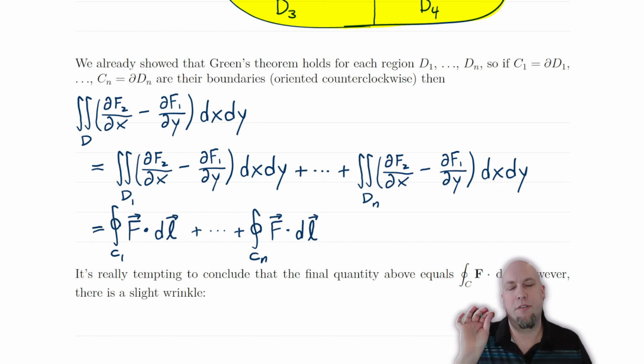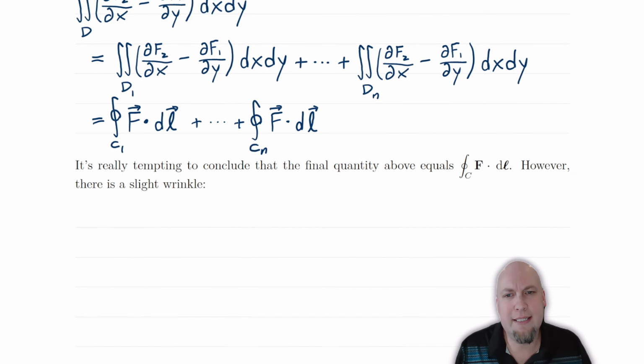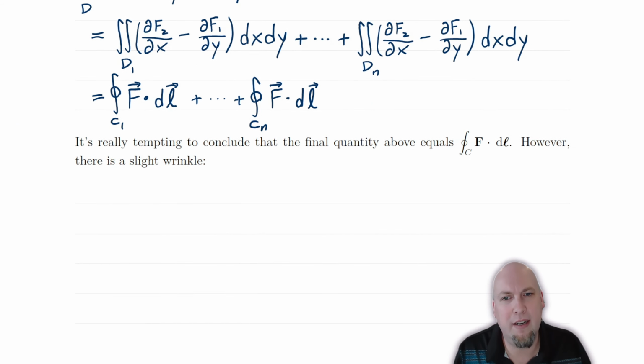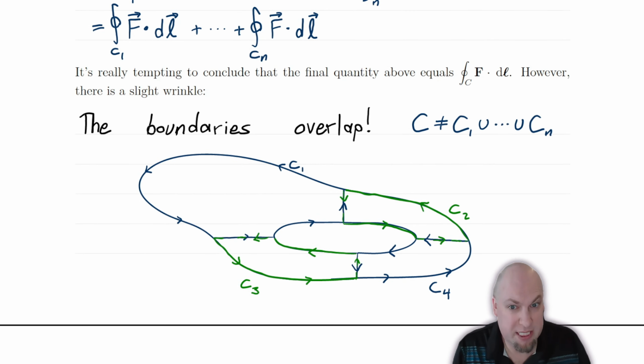Okay, it's super duper tempting to say that the sum of these vector line integrals is just the vector line integral around the whole boundary. And that's almost true, but there's a little bit of a wrinkle here. The wrinkle is that if you take the union of these smaller boundary curves, you don't get the bigger boundary curve. And that's maybe a problem. The boundaries overlap, remember.